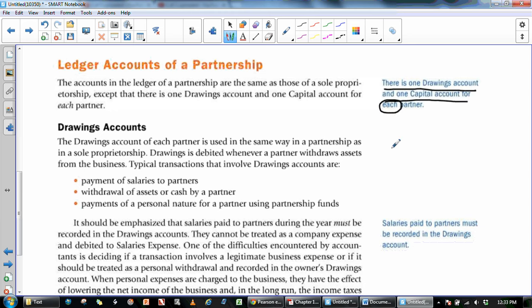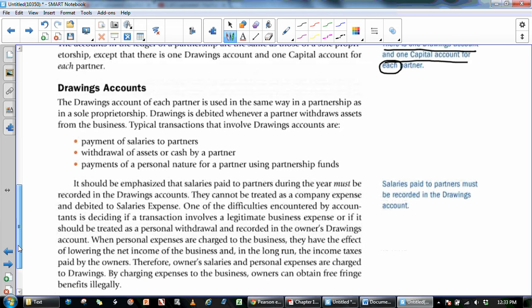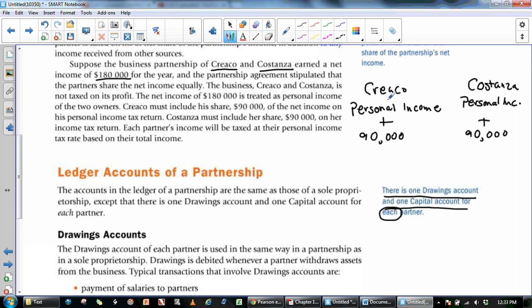Each partner will have a drawings account and a capital account. So in our example above, we're going to see a capital account and a drawings account for Crico, and a capital account and a drawings account for Costanza. So we'll see how that works out, okay?